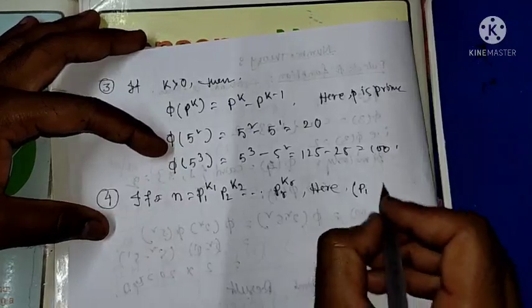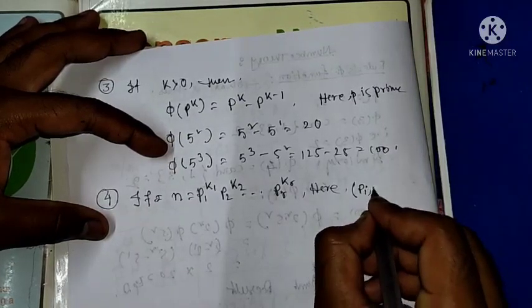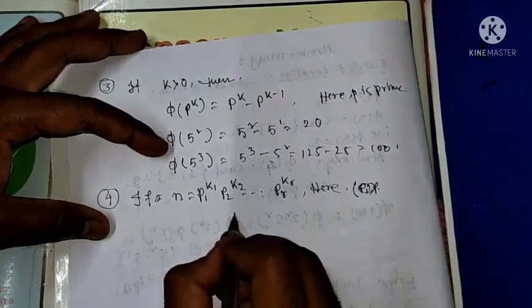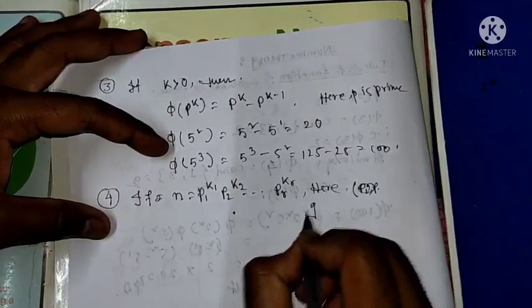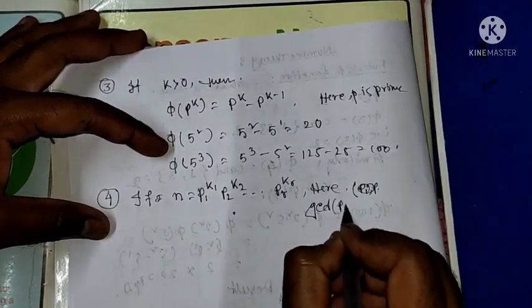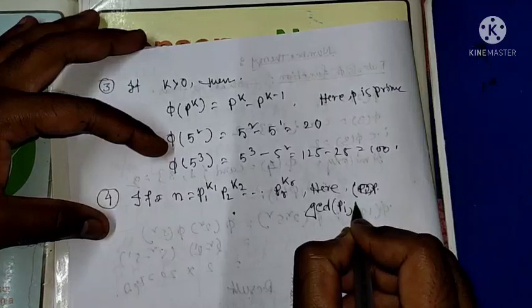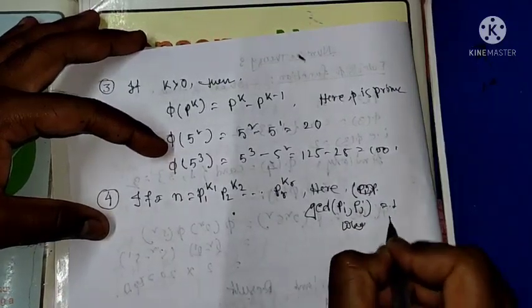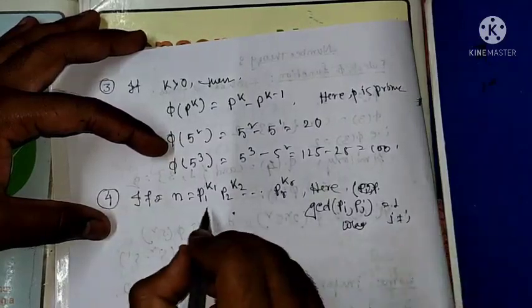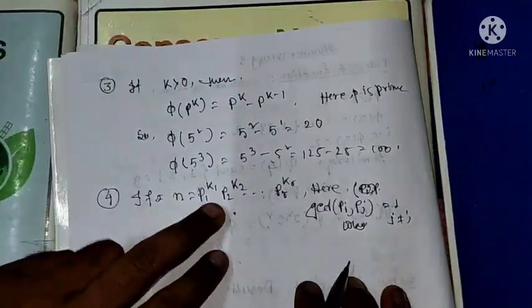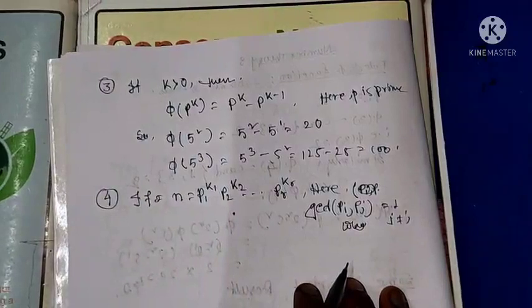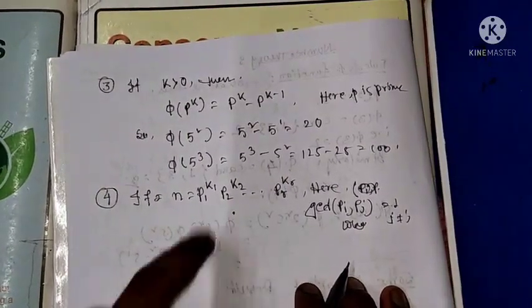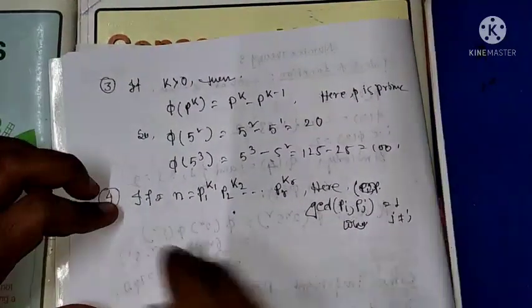Here gcd of pi, pj is equal to 1, where i is not equal to j. That is, the p's are co-prime numbers.